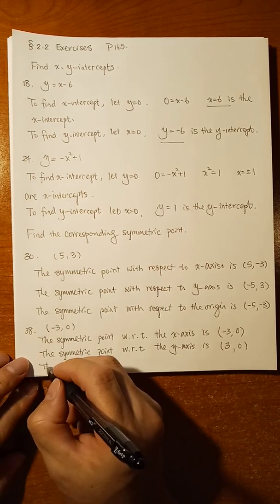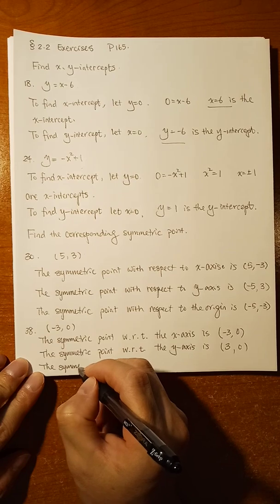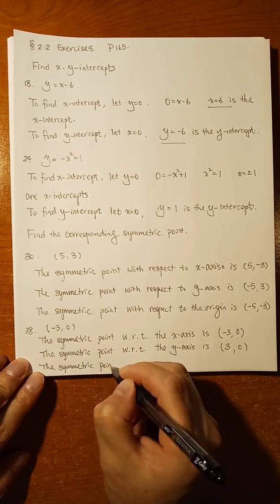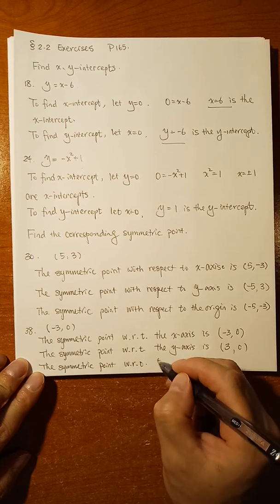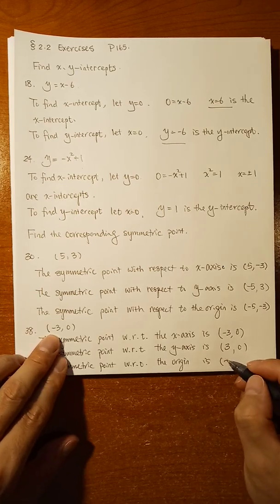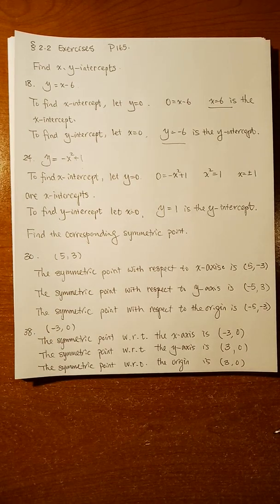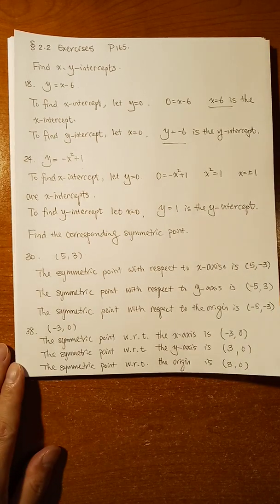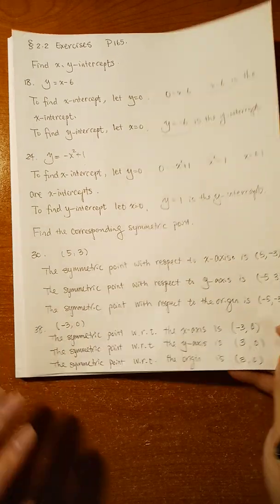Okay, the symmetric point with respect to the origin is, you're supposed to change x, also change y. 3, 0. Okay, so that's the problem 38. Find the corresponding symmetric points. Very good.